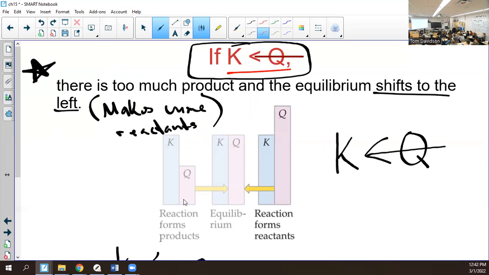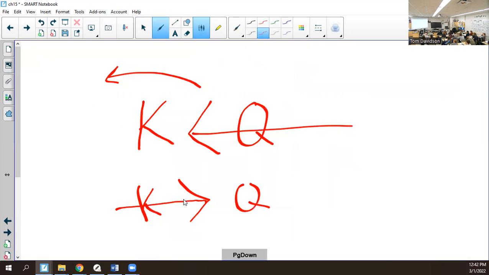Okay, coming back if you're writing them down. So when K is less than Q, it means there's too much product. It means the numerator is too big. Product's still on top. So I have to shift towards reactants to bring it down. Good.